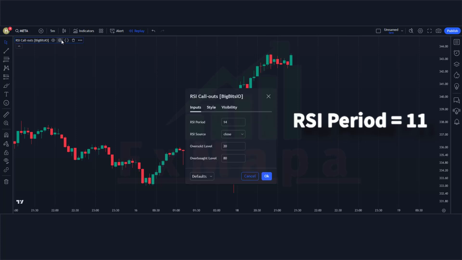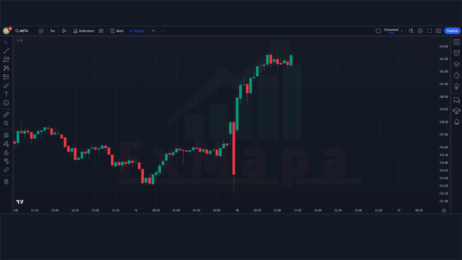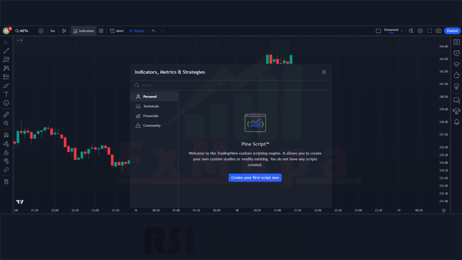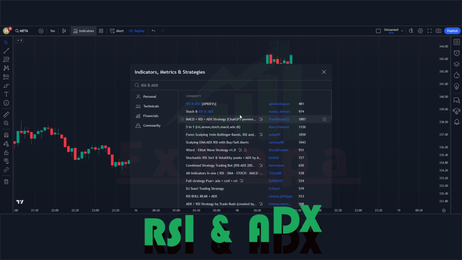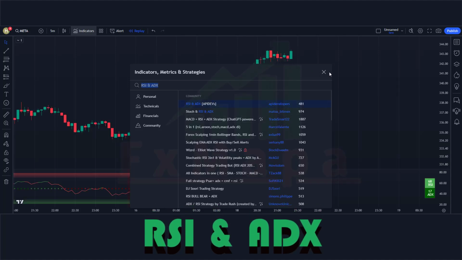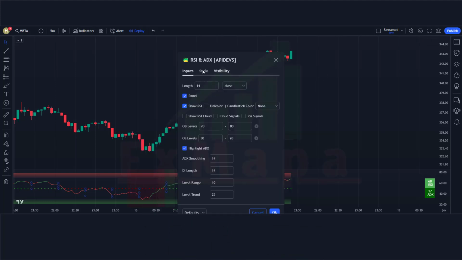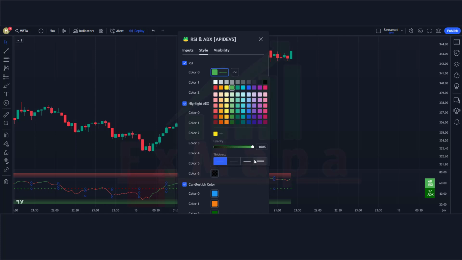Keep the indicator settings as I have shown here. Second indicator name is RSI and ADX. Keep the indicator settings as I have shown here.